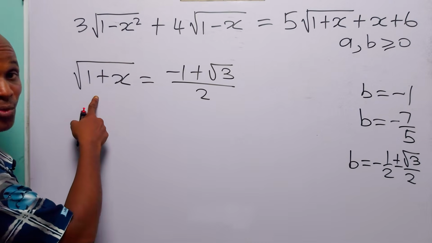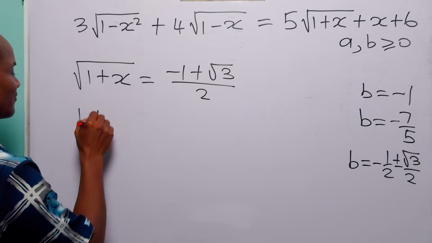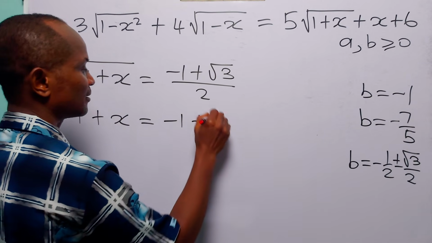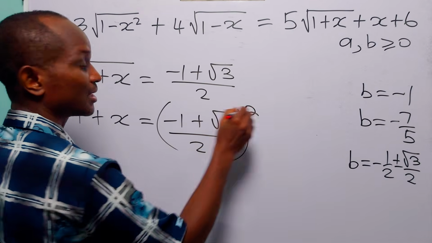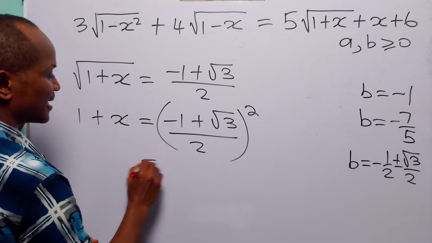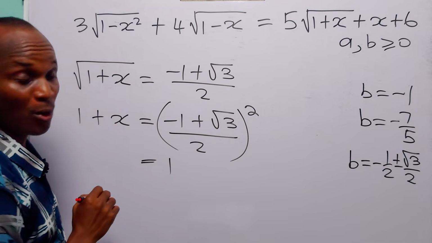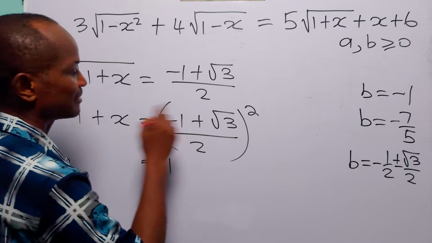Now, to get rid of this square root, we square both sides of this equation. When we do that, we have that 1 plus x is equal to minus 1 plus root 3 over 2 squared. Now, when we expand this, we have minus 1 squared, which of course is equal to 1. Then we have 2 times minus 1 times root 3.